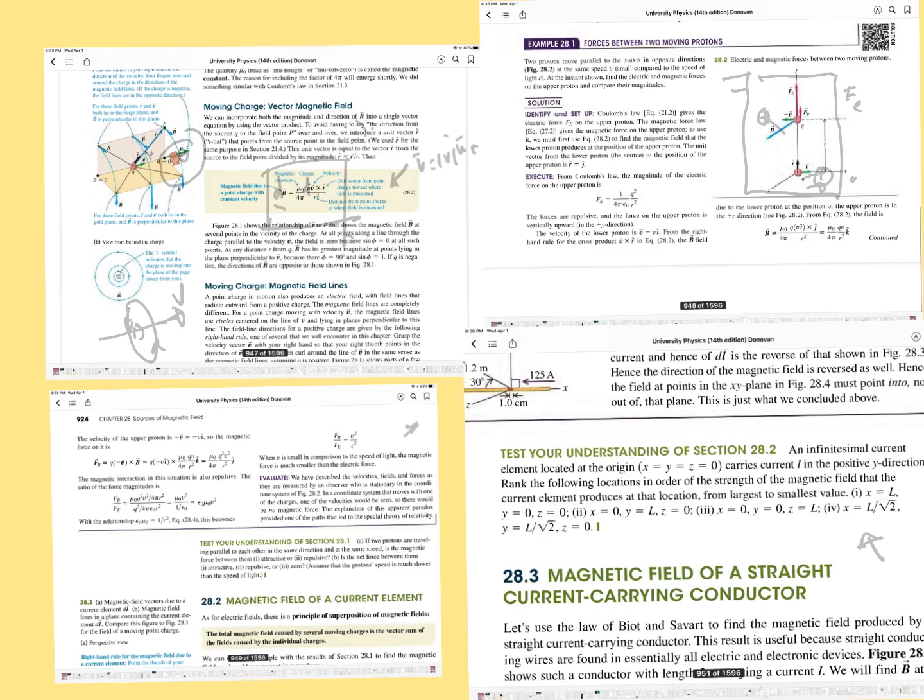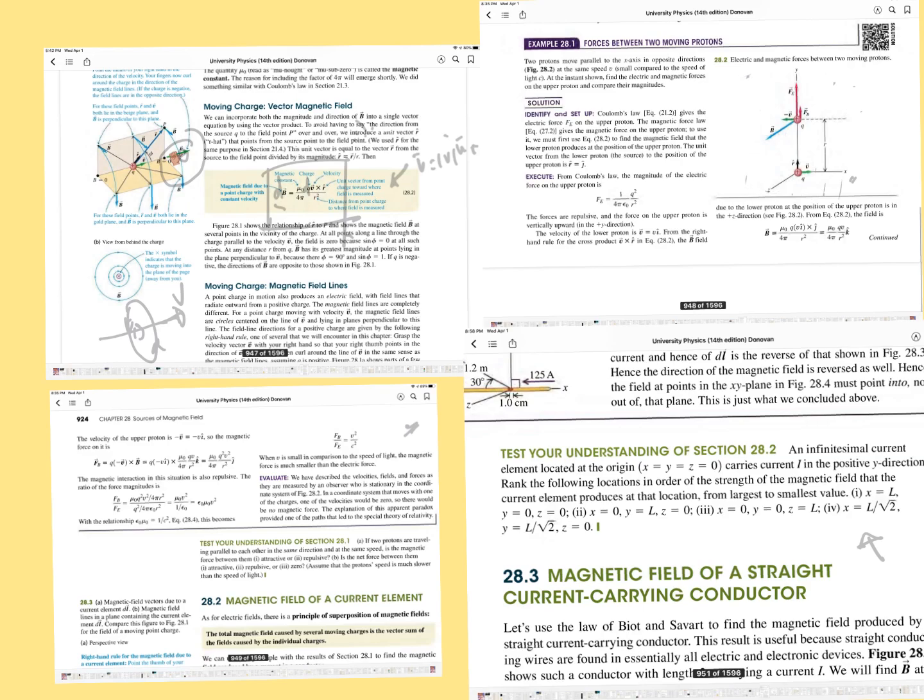So the distance between them will change, so the electrical field will change, and the magnetic field will change also, and the direction of the magnetic field will change. So this is only for this instant, the calculation just for an instantaneous distance of these two particles that are interacting.